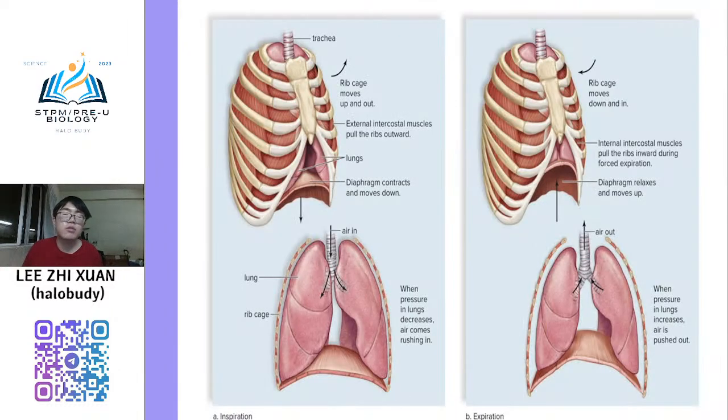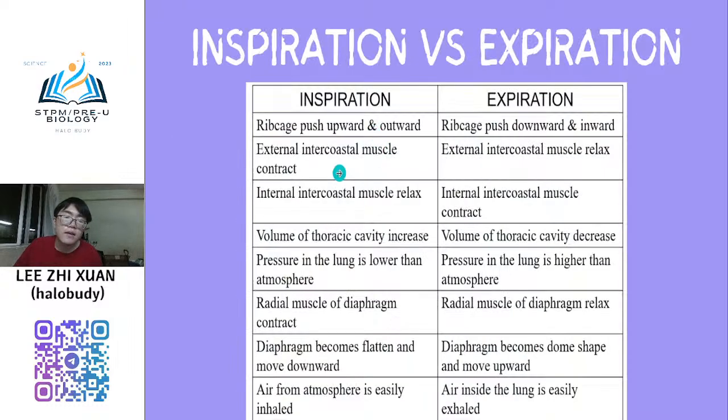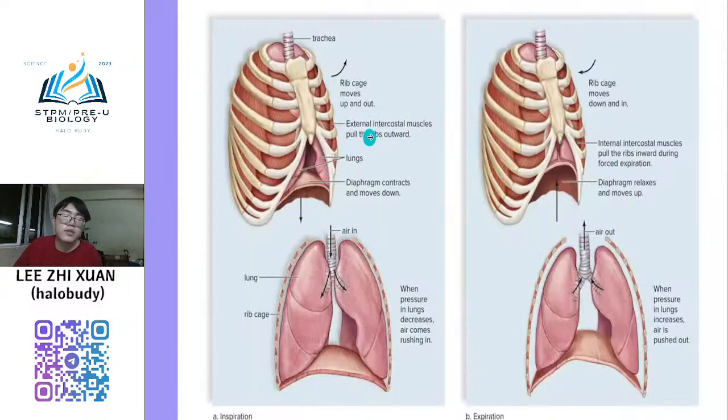So you know that in inspiration, your rib cage will move up and out, right? And your external intercostal muscles will contract, and the internal ones will relax.